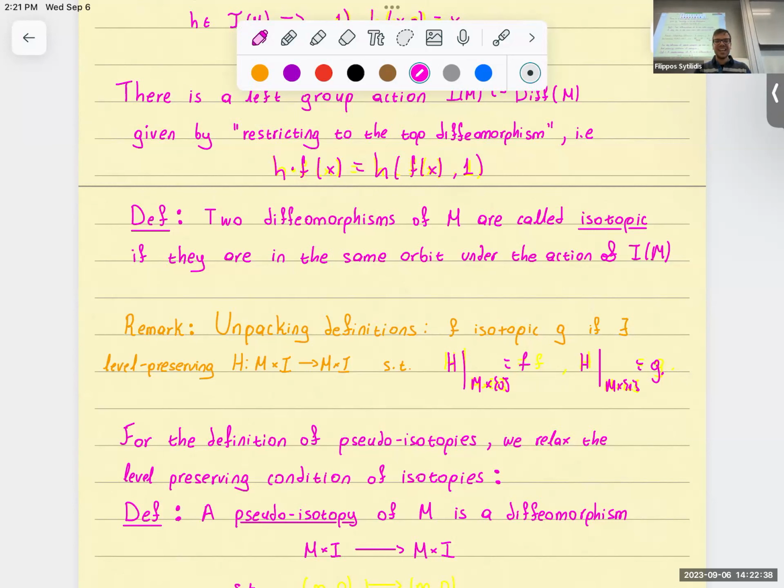I spent a lot of time color coding, but I wrote that in pink now. It's okay. That's maybe a more familiar way of how I would write it down, but if you unpack the definitions, it says exactly the same thing.